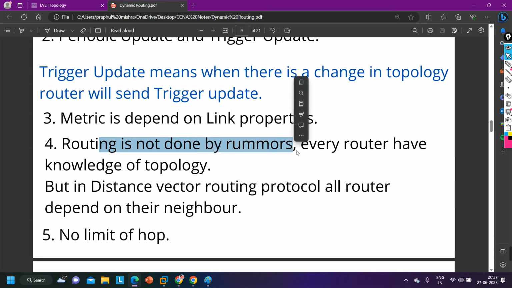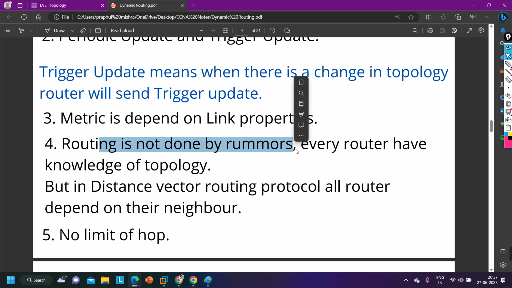Routing is not done by rumors. In distance vector routing protocol, there is no database, so all routers depend on their neighbors. So that is routing by rumors as well, because a router never knows about the actual originator, who is originating the network. All routers depend on their neighbors. That is routing by rumors.